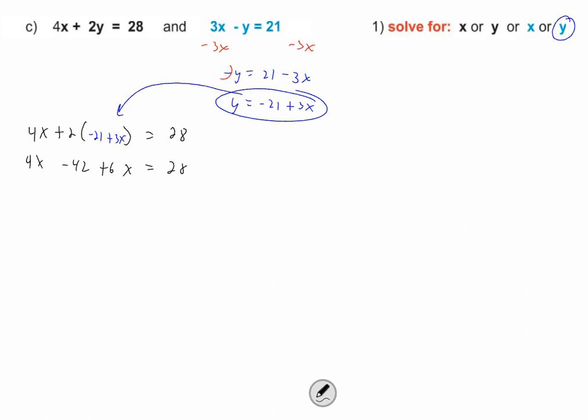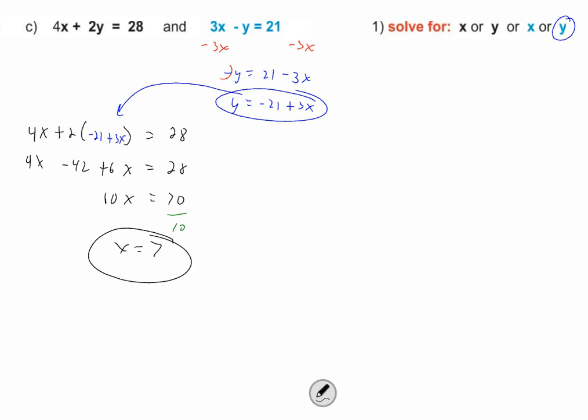That's where I'm at right now. I now have 10x. I got to add a positive 42 to both sides. 52, 62. That's a 70. When I divide both sides by 10, whoa, pink. Don't do pink. By 10, we get x equals 7.